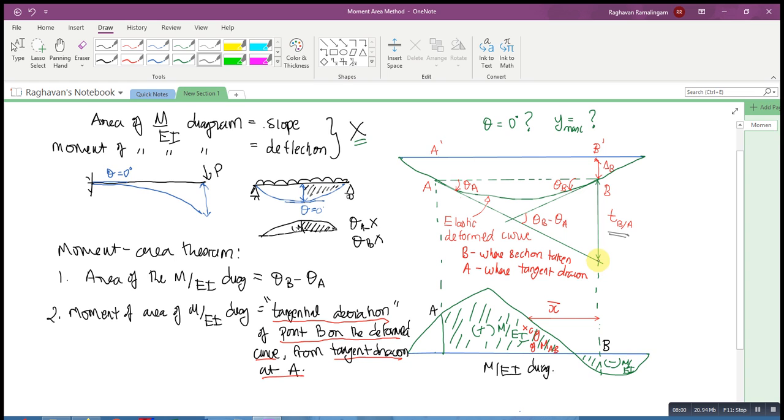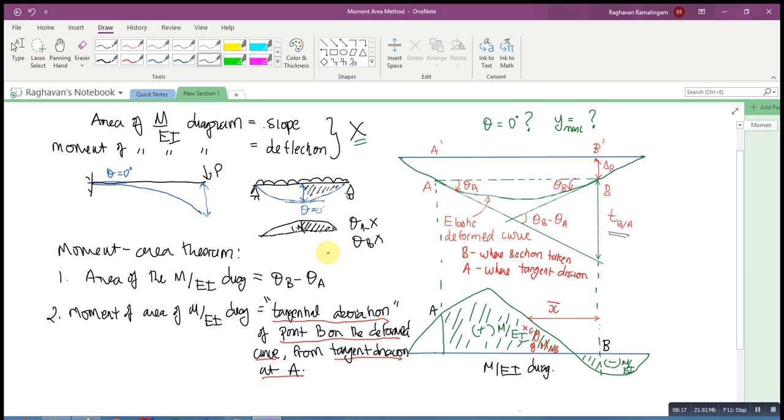This is from the tangent drawn from A. So this green line is the tangent drawn from A, and this is where the point B is on the deformed curve. So this is known as the tangential deviation of point B from the tangent drawn at A.